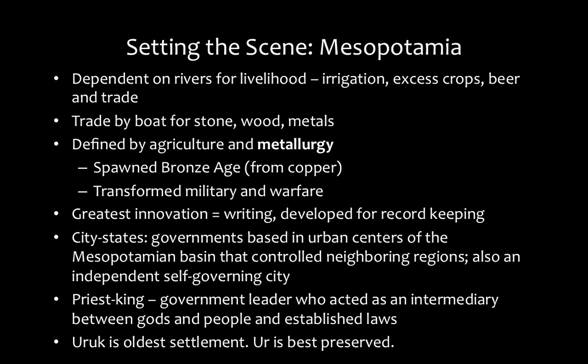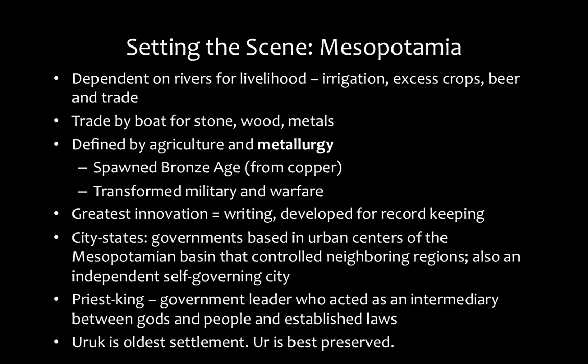In terms of government, we're going to be looking at city-states where the governments are based in urban centers, and those urban centers control some of the neighboring regions. So we see self-governing cities, and they're typically governed in part by the priest king. So there's a real mixing of church and state during this period.